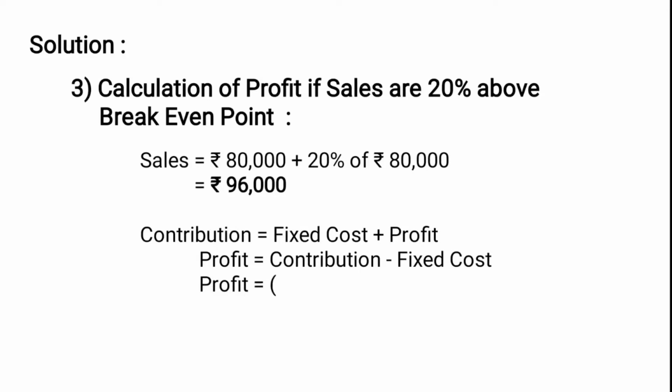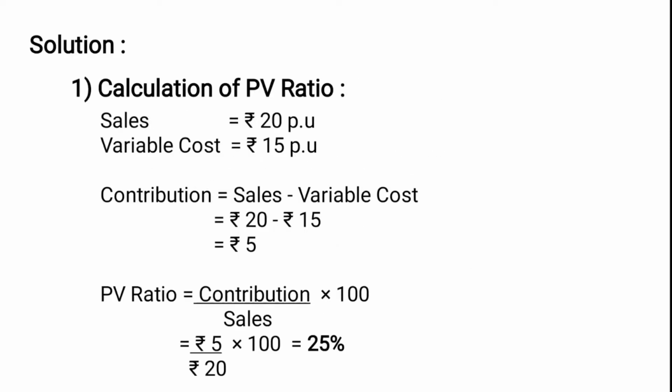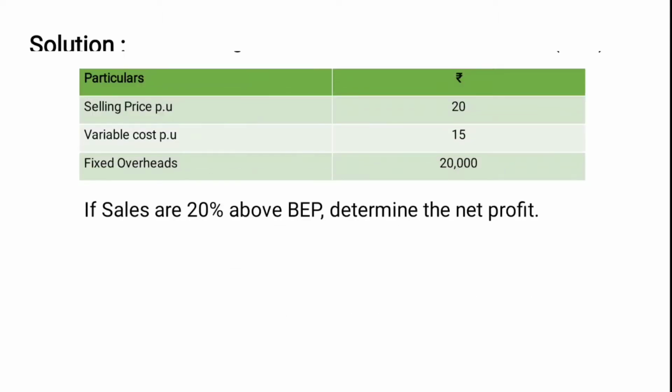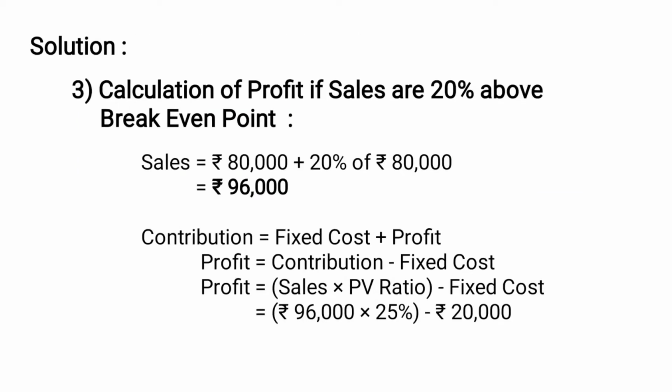So we will record it: sales into PV ratio minus fixed cost, which will be equal to sales, which is 96,000, into PV ratio, which is 25%, minus fixed cost, which is rupees 20,000, which will be equal to rupees 24,000 minus rupees 20,000, which will be equal to rupees 4,000.